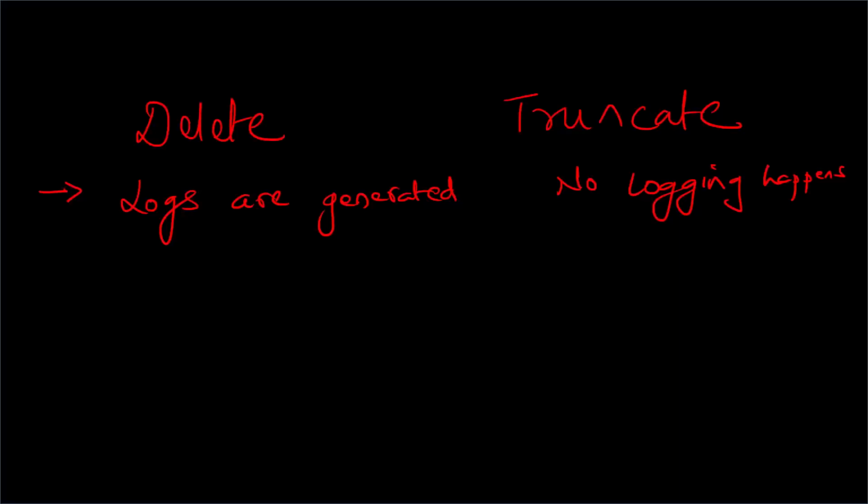It makes a difference because here logs are generated, it is slow. Here, because there are no logs generated, it is very fast. If you are deleting data from a table where you have millions of records, truncate will execute in split seconds. But delete may take time because when you are running a delete syntax, it has to generate logs.